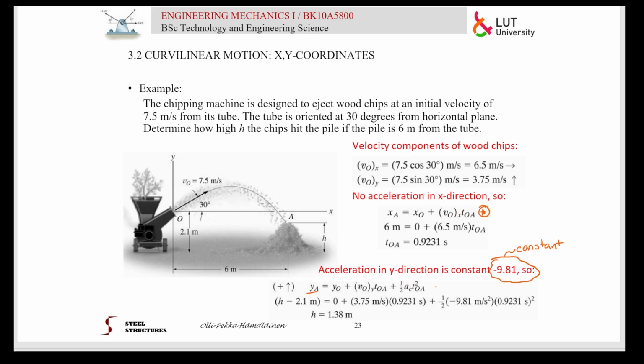But now, in the y direction, yes, we are in the presence of gravity, and these terms that disappear in the horizontal axis are present here. I have a time, I have an acceleration, I have a velocity in y, I have a starting point here, and definitely I can find how much this position yA is.